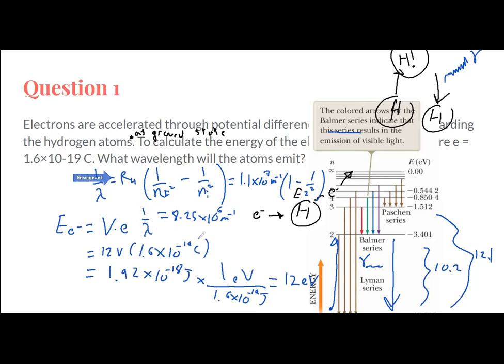So you want to flip that over to get the wavelength, which would be about 121 nanometers. To give you an idea, a wavelength of 300 nanometers is violet light, so 121 nanometers is ultraviolet light. There we go.